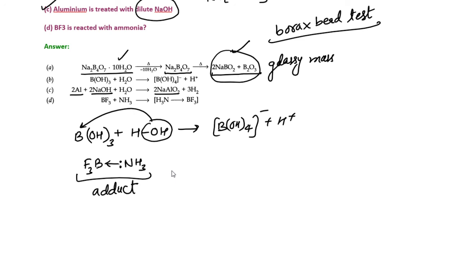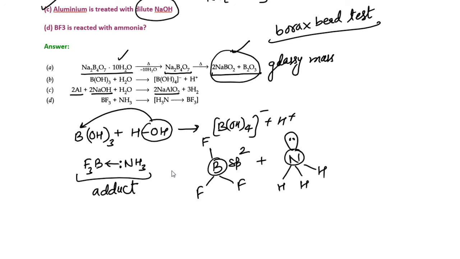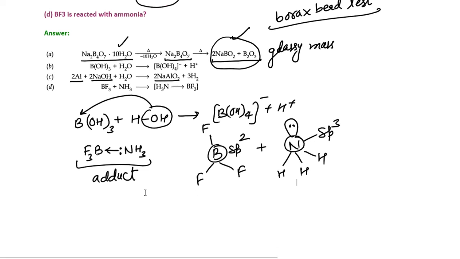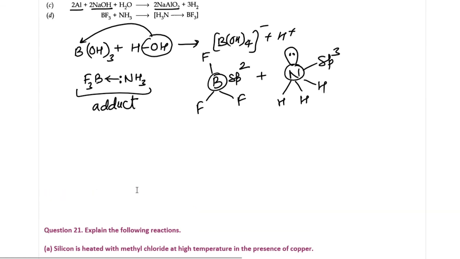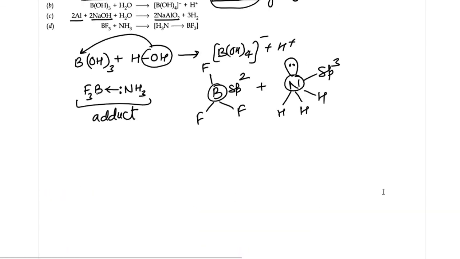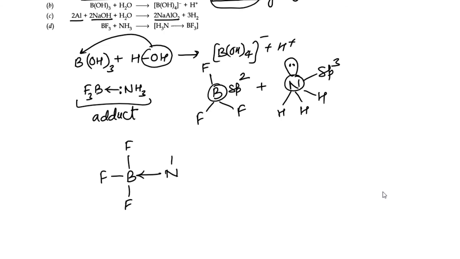What is the change in hybridization? So in BF3, boron is forming 3 sigma bonds. It is sp2 hybridized. In ammonia, it has 1 lone pair, 3 bond pairs, so nitrogen is sp3 hybridized, and when they form the bond, boron forms 4 sigma bonds, 1 coordinate and 3 covalent bonds.